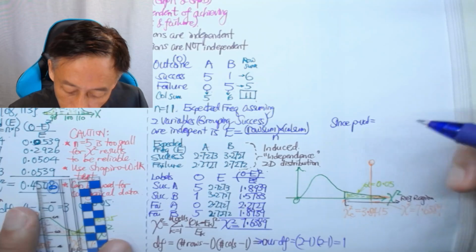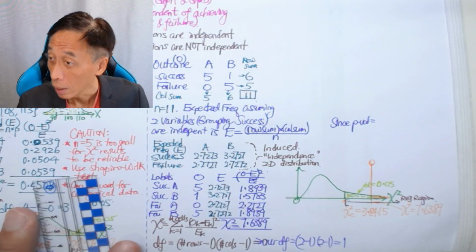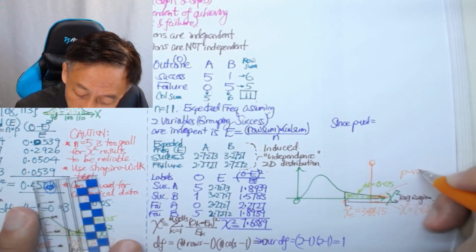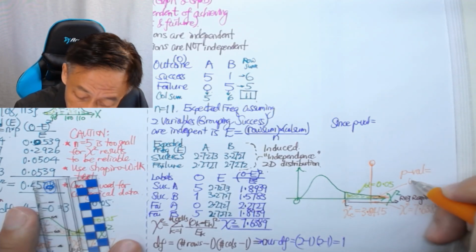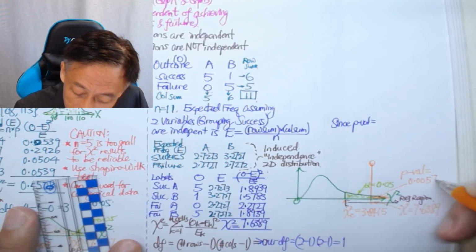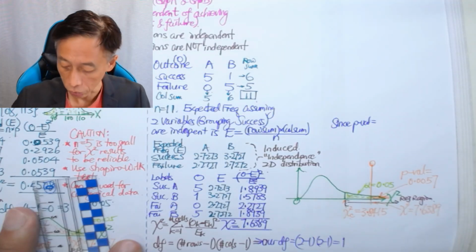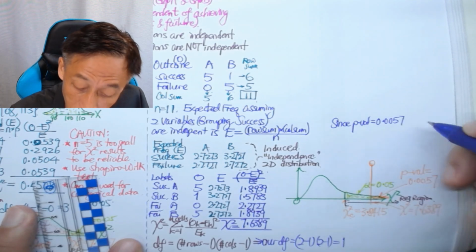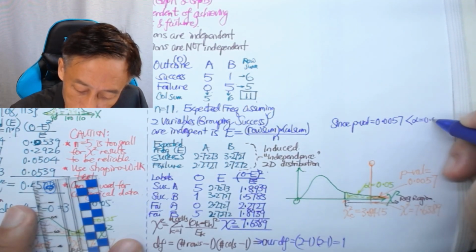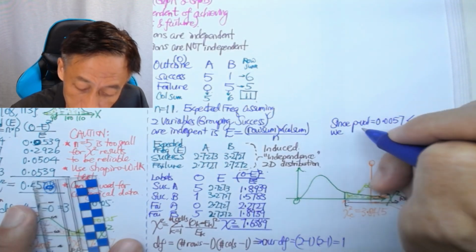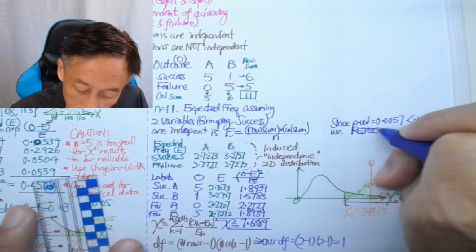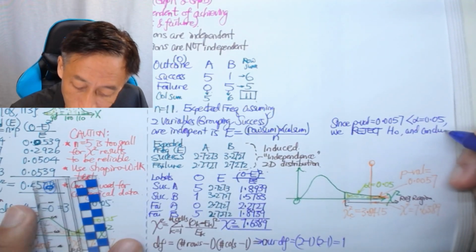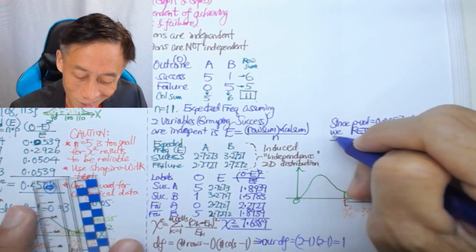So since the p-value, what is our p-value? p-value equals 0.0057 using chi-square distribution. So since the p-value 0.0057 is way less than alpha 0.05, we reject H naught and conclude whatever H1 says.